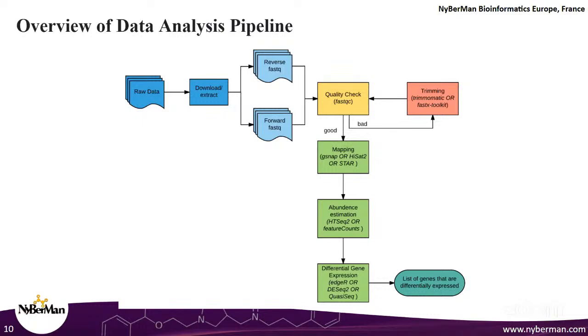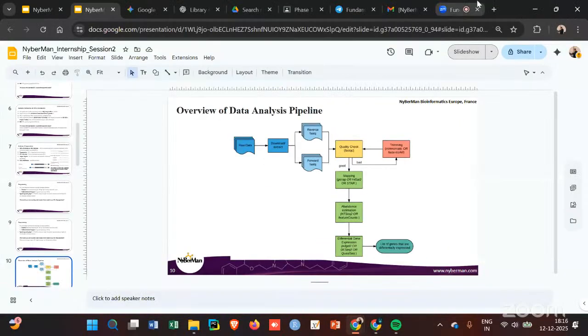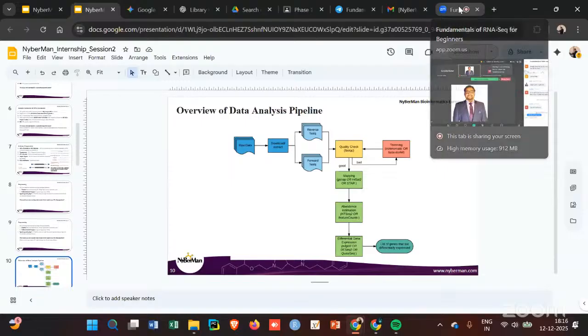Okay, now what we will do is go through a brief overview of each of these steps today to give you a flavor of what is going to come up in the following sessions. After which, from the next session onwards, we'll start with our hands-on work and actually perform all of these one by one. Okay. So any questions up to here with respect to this flow chart at least?